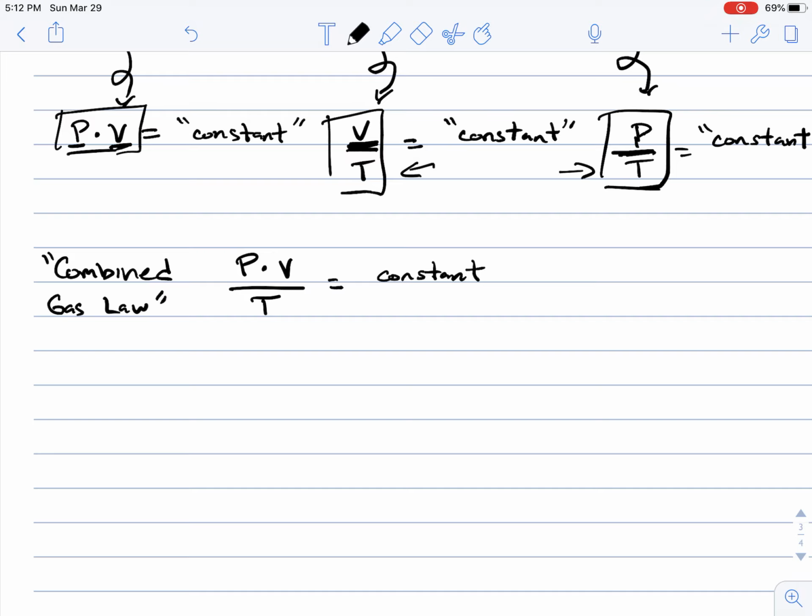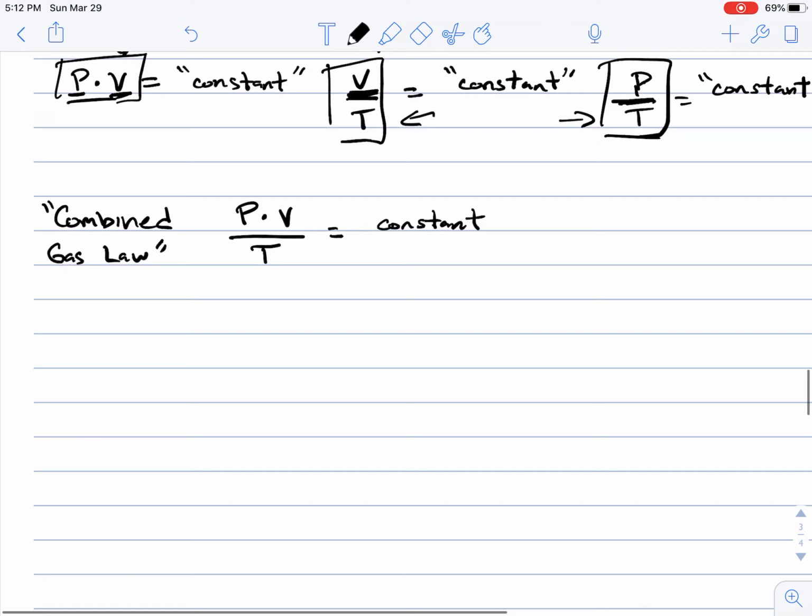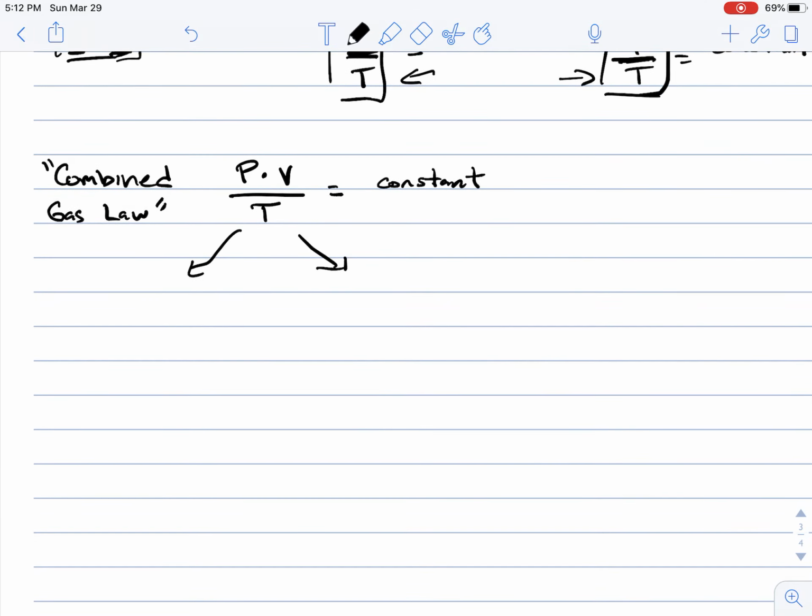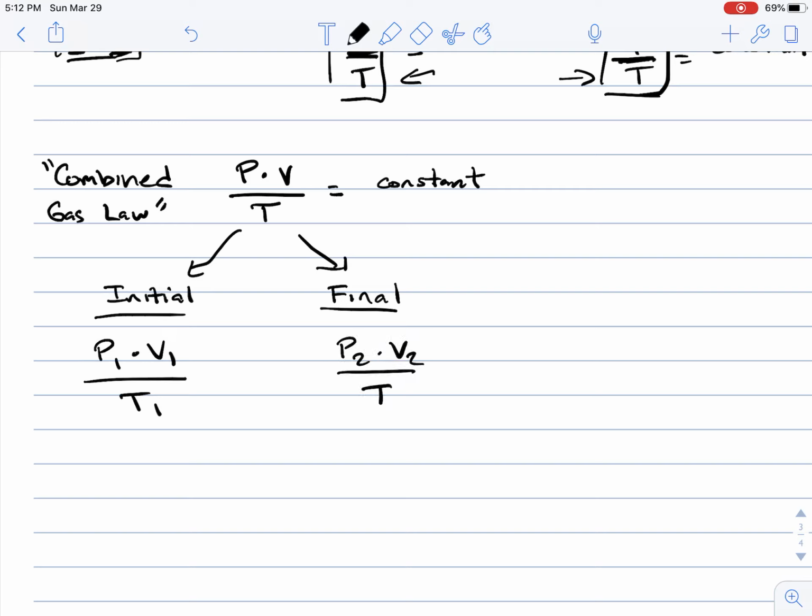And so very similar to all of the derivations that we've done thus far, we can use this fundamental equation, if you will, to make relationships between the initial state and the final state. If we're talking about the initial state of a system, we can say P1 times V1 over T1, and then here we put P2 times V2 over T2.